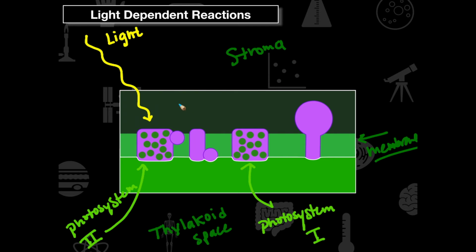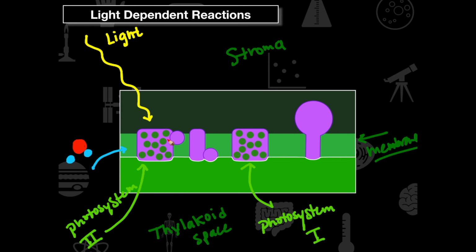So the first thing that's going to happen here is we're going to send in a water molecule. And remember, a water molecule consists of 2 hydrogens and an oxygen. So we have our oxygen and our 2 hydrogens here.